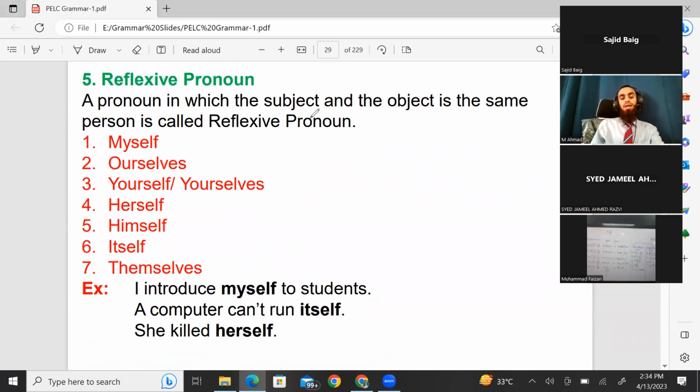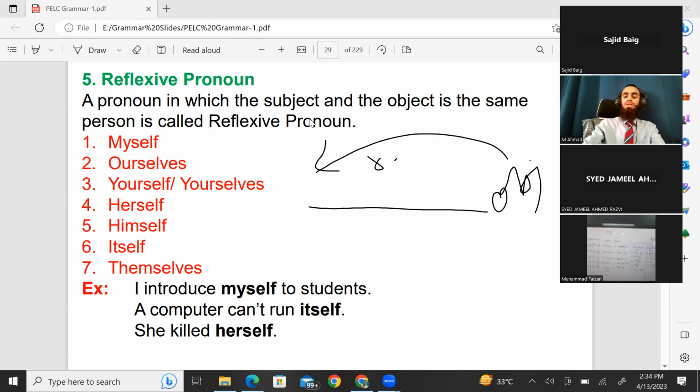Next we have reflexive pronoun. A reflexive pronoun is used when the object reflects back on the subject. In a sentence we have subject, verb and object.